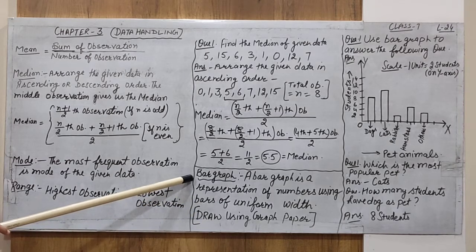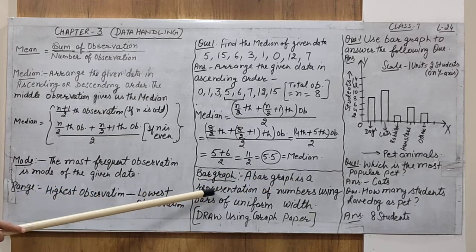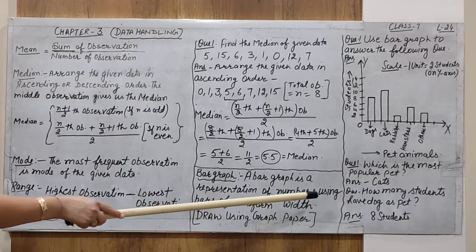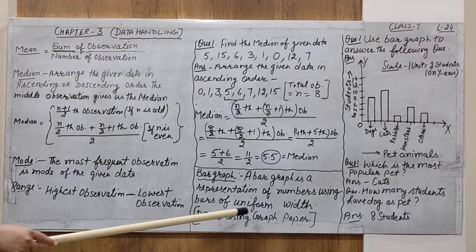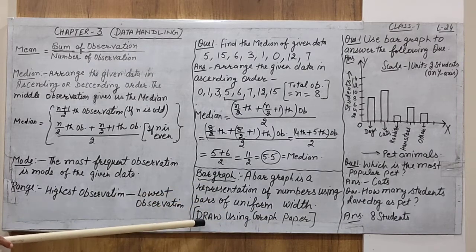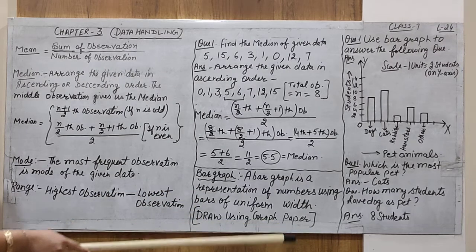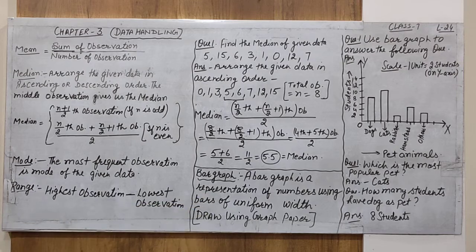What is the definition of the bar graph? A bar graph is a representation of numbers using bars of uniform width. First of all, a bar graph is drawn using graph paper, which is equally distributed into units.